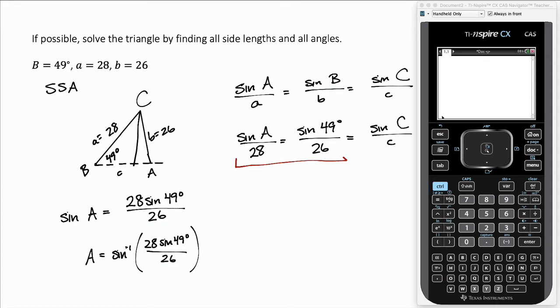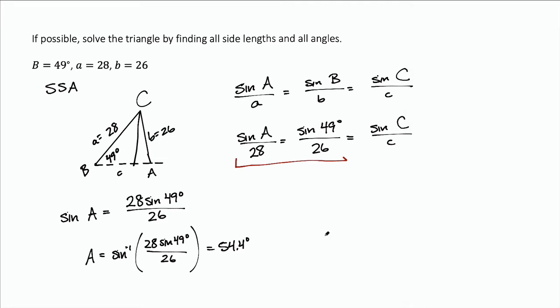So let's go ahead and plug that into our calculator. We've got the inverse sine of 28 sine of 49 over 26. I do make sure that I'm in degree mode here since I'm working with degrees. And when I hit enter here, I get the angle A in degrees. I'll round to one decimal place here. So about 54.4 degrees.